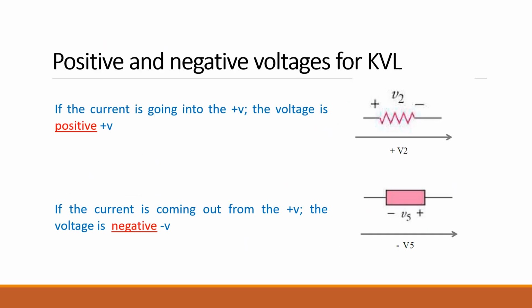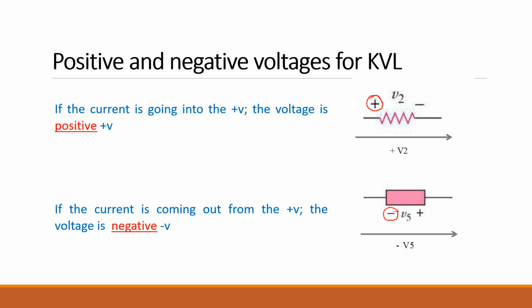As I have explained before, whenever the current is going to the positive side, that voltage is a positive voltage, and when the current is going into the negative side of anything, it can be any element, we consider it as a negative voltage.